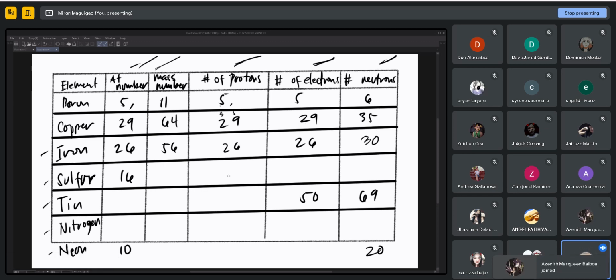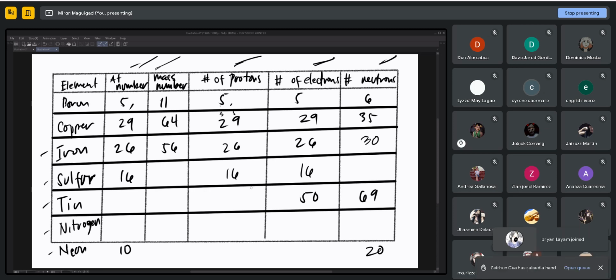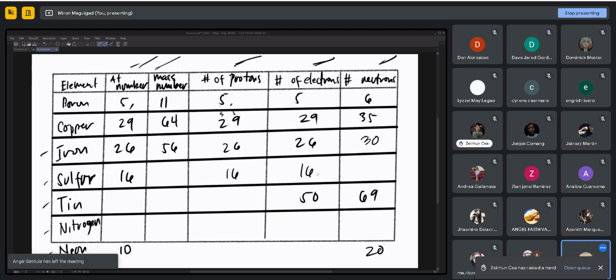Wait. So, atomic number, protons, electrons. Ay, may sablay pala akong nailagay na kulang dito. 16 itong nakalimutan ko lagyan, sorry.